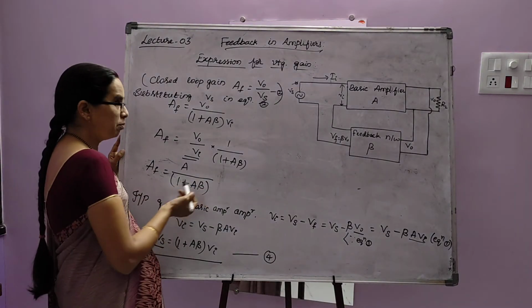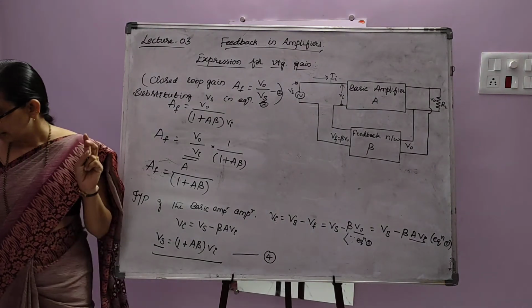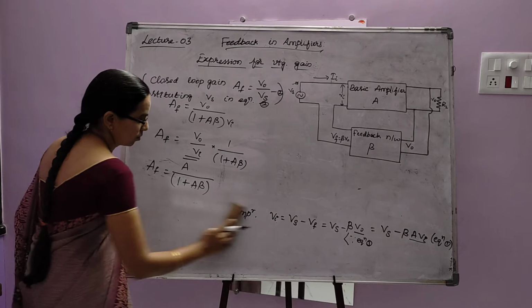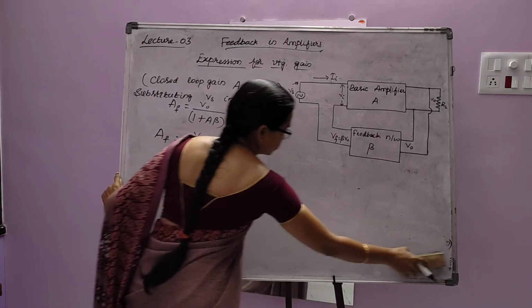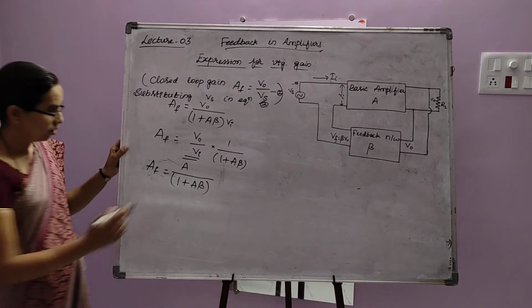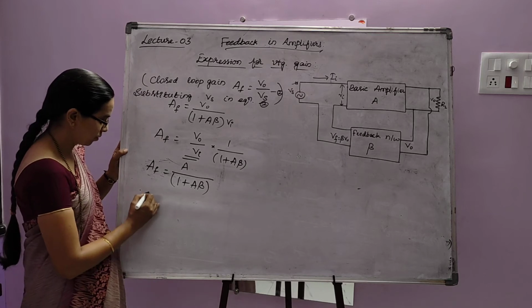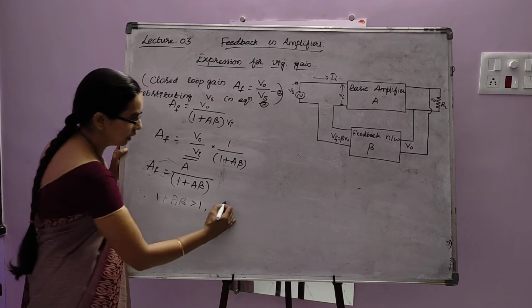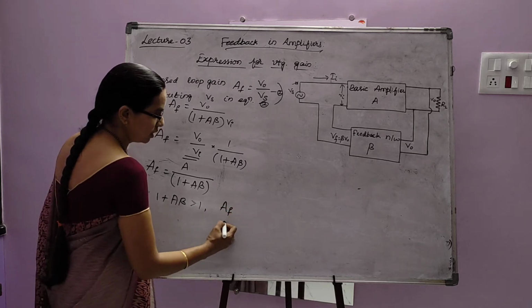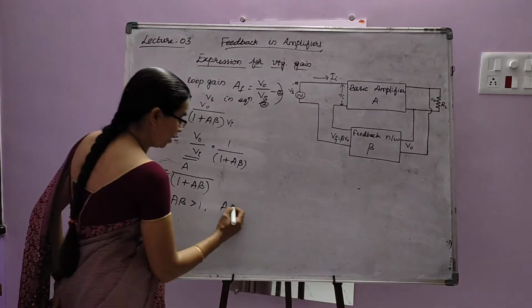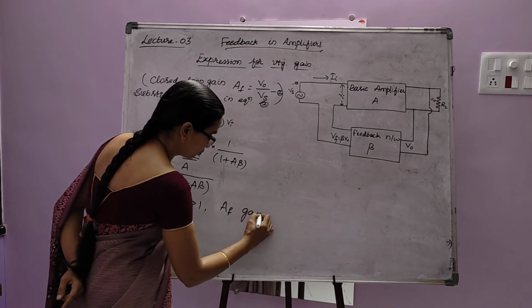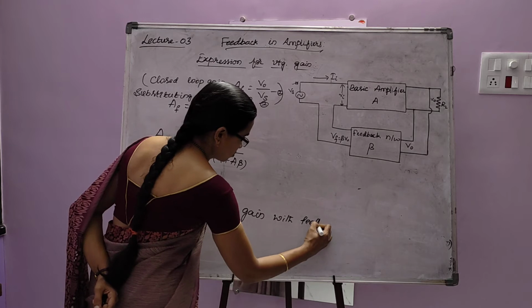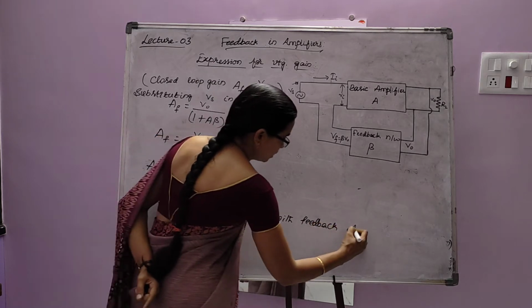Since 1 plus A beta is greater than 1, AF, that is gain with feedback, decreases.